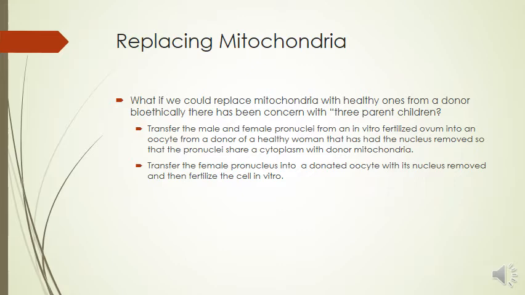Two ways that have been looked at with animal studies, and there are other ways also being looked at, are, number one, to transfer the male and female pronuclei from an in vitro fertilized ovum into an oocyte from a healthy donor woman that has had the nucleus removed, so that the pronuclei share a cytoplasm with the donor mitochondria. Or, number two, transfer the female pronucleus into a donated oocyte with its nucleus removed and then fertilize the cell in vitro.